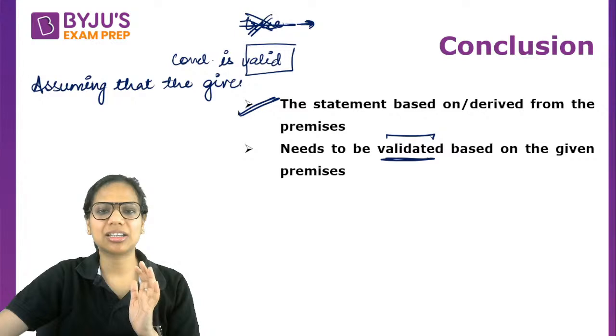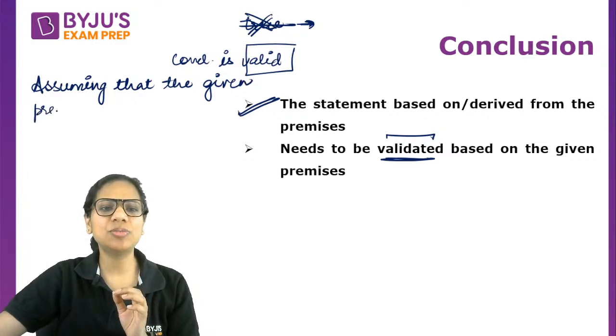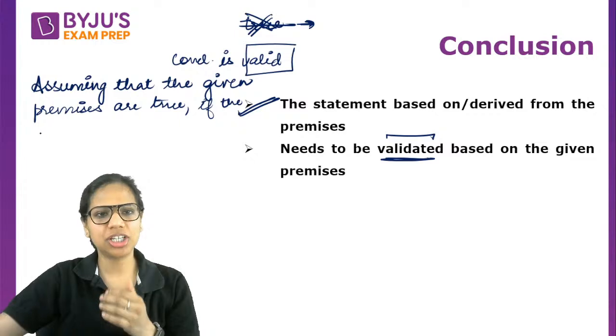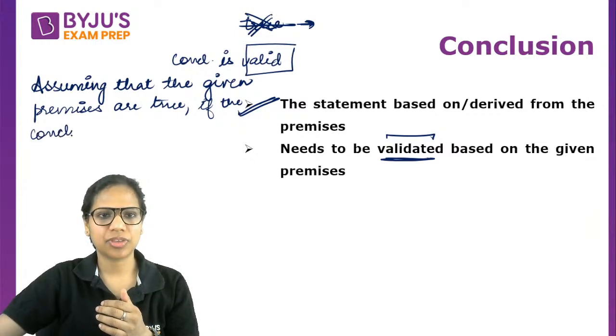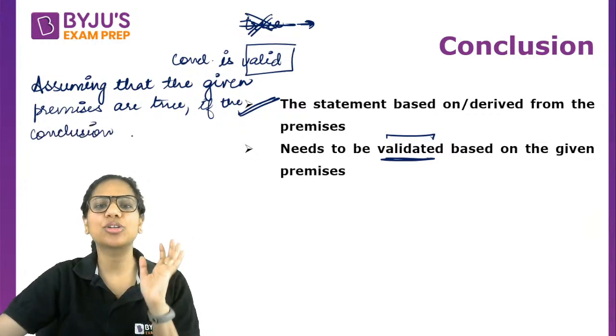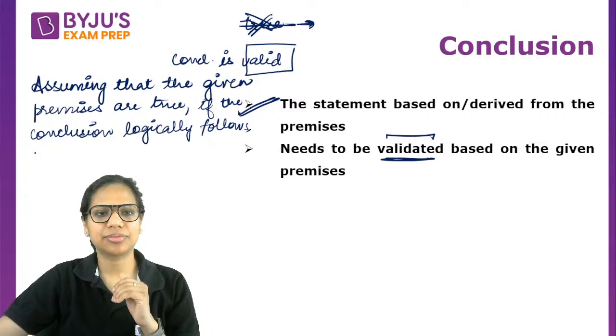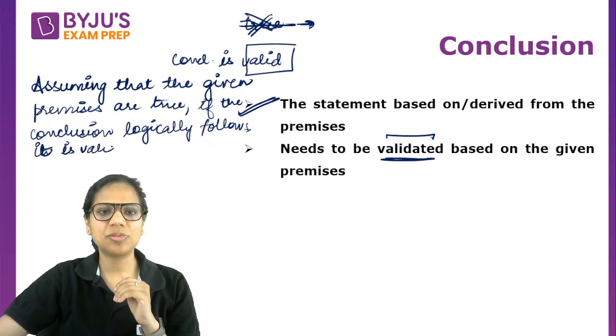We don't have to check that. Assuming that the given premises are true, if the conclusion logically follows, we say that the conclusion is valid. I hope this makes sense.